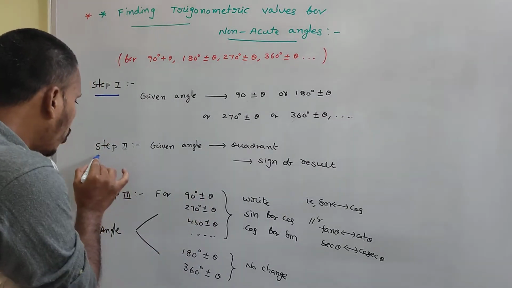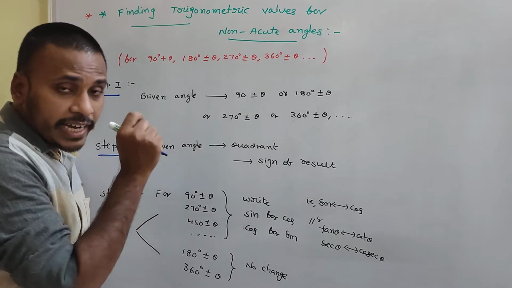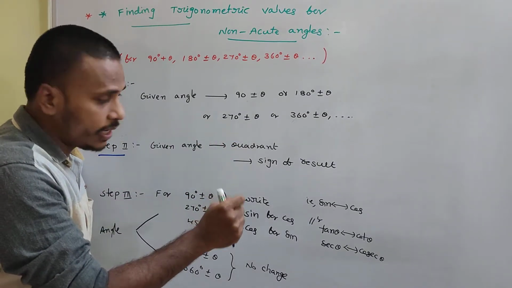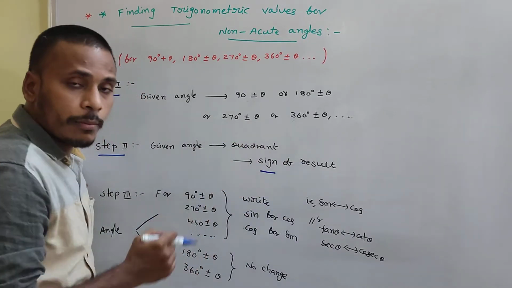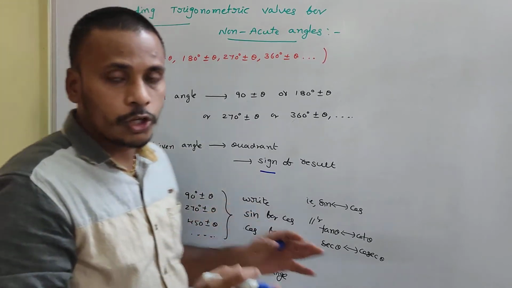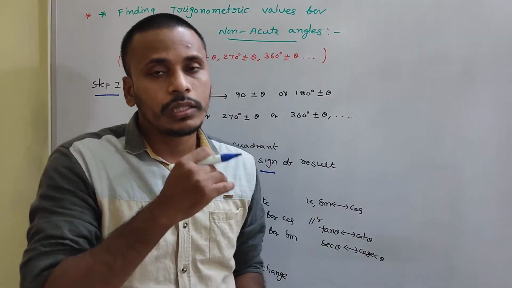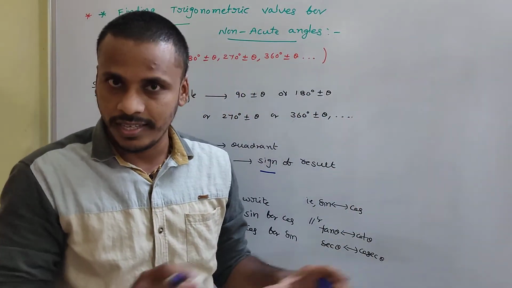Coming to step 2, you just identify the quadrant where the given angle is located. From there you write the sign of the result, because you already know that in the first quadrant all trigonometric ratios are positive, in the second quadrant sine and cosecant are positive, in the third quadrant tan and cot are positive, and in the fourth quadrant cos and secant are positive.